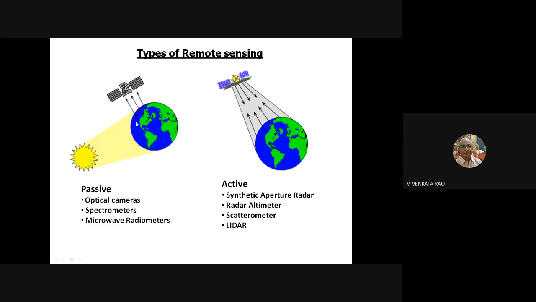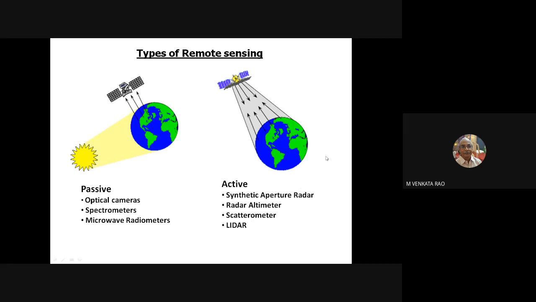All the other things I will explain later. So the reflected energy only is sensed by the satellites. That is called passive remote sensing. Examples are typical optical cameras, some spectrometers, radiometers. It can be any range: optical, infrared, microwave, all that range.